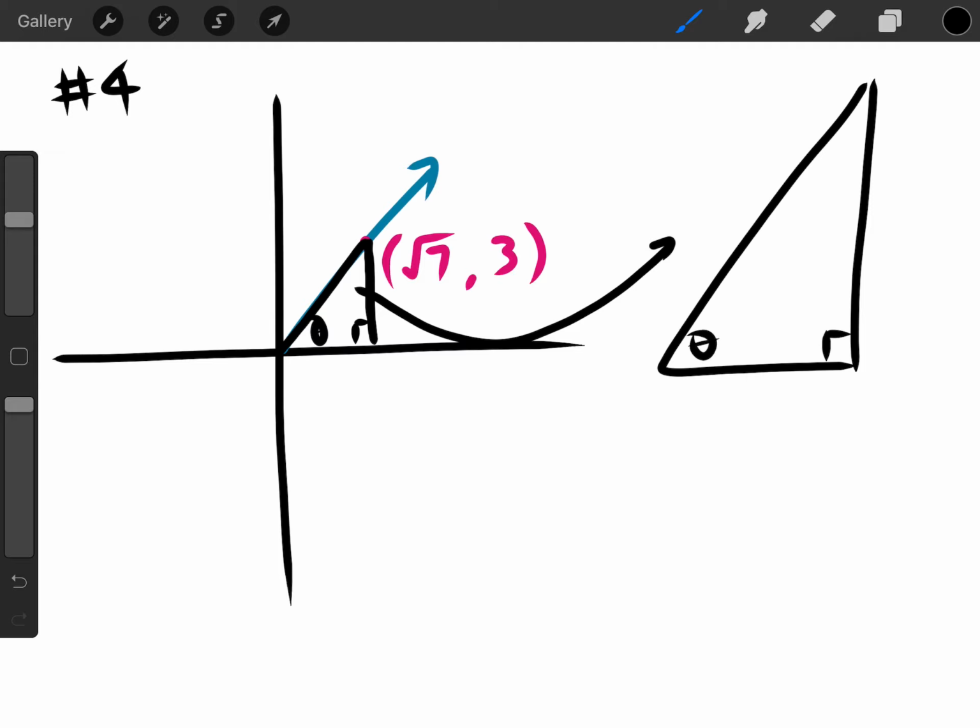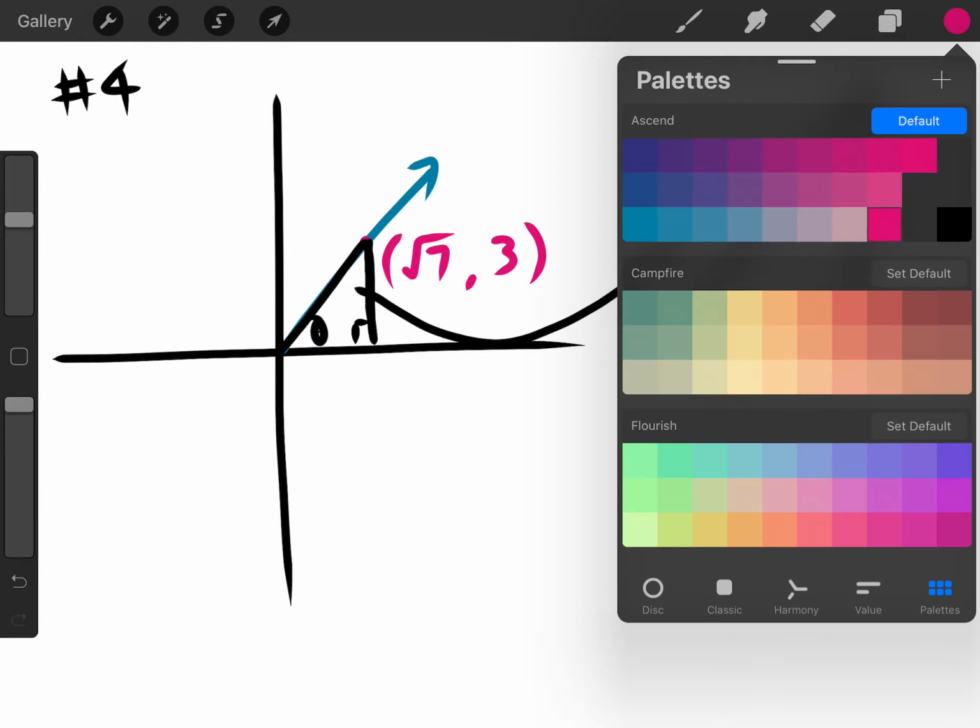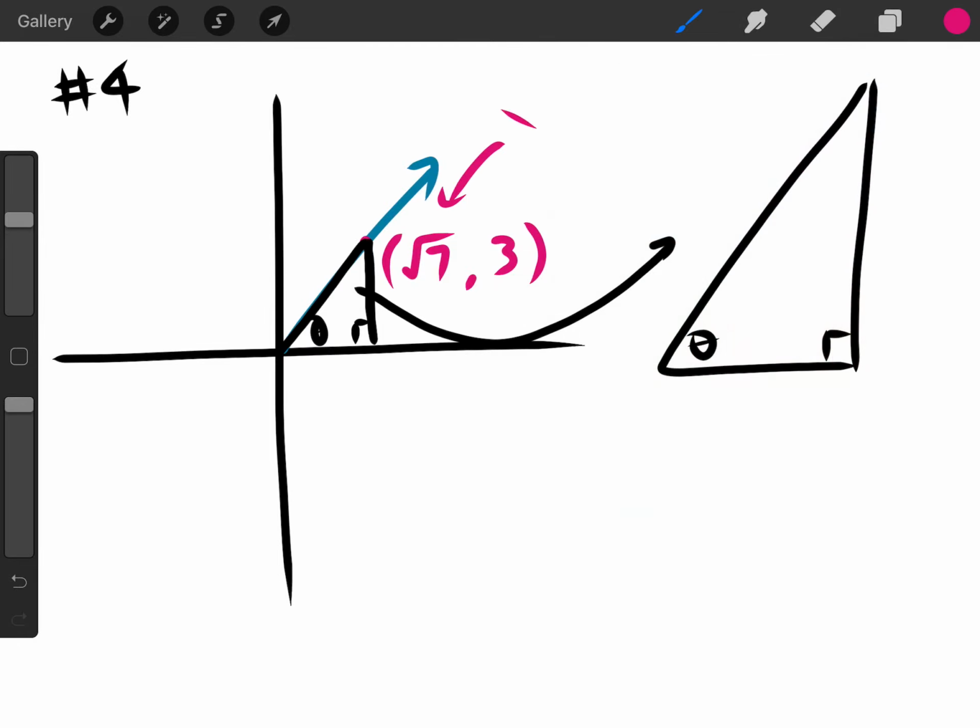This is angle theta, and then let's name all 3 sides. This is the x value, so it's going to be rad 7, and this is the y value, so it's going to be right here.